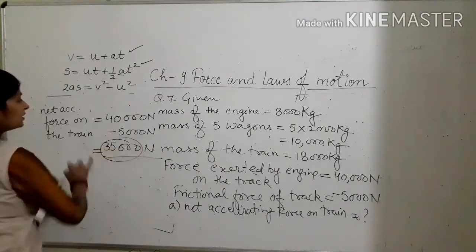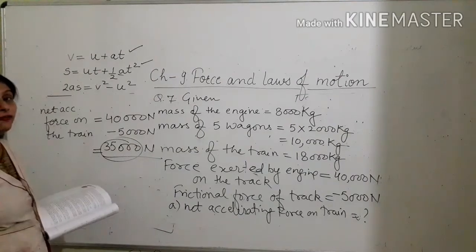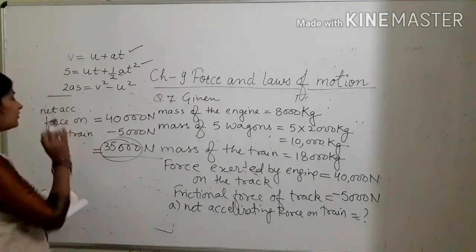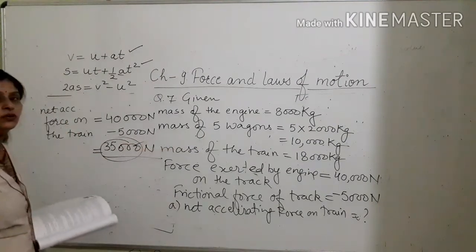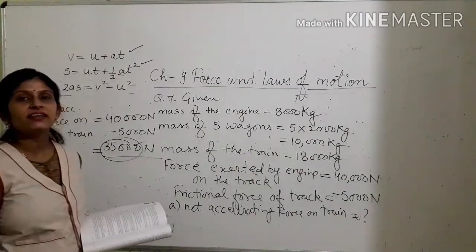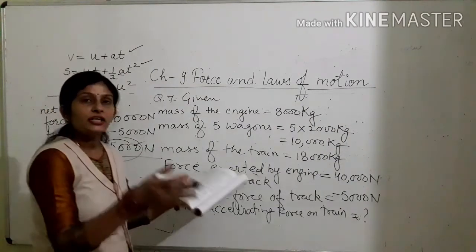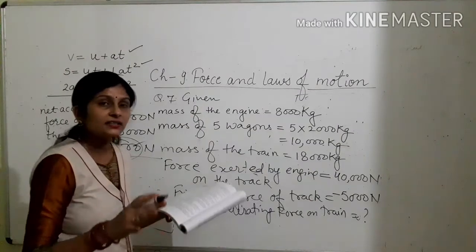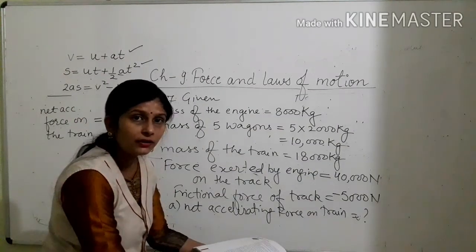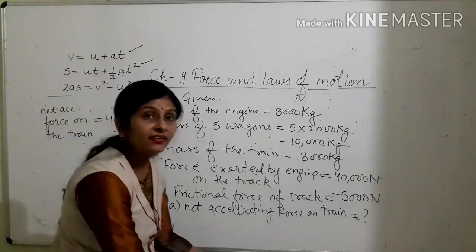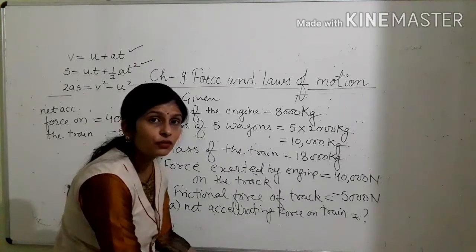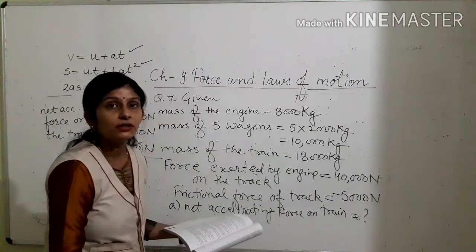So what is the net or resultant force acting on the train? That is 35,000 Newton which accelerates the train, because the engine of the train exerts a force of 40,000 Newton and that track offers a frictional force of 5,000 Newton.